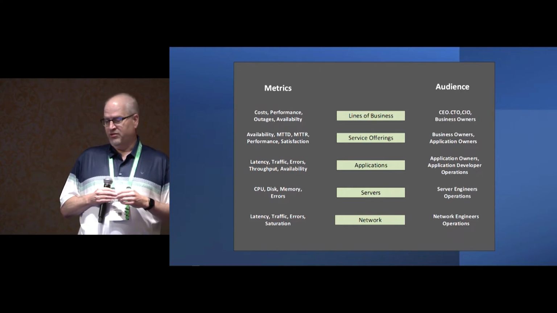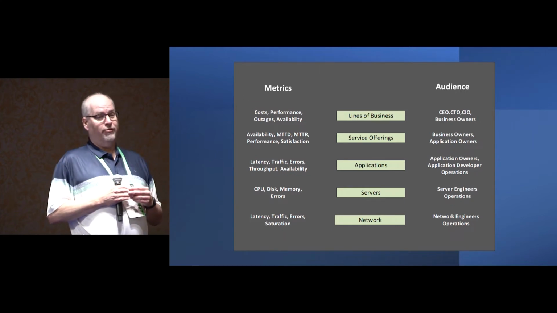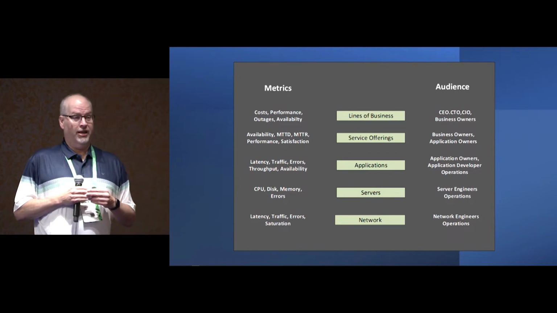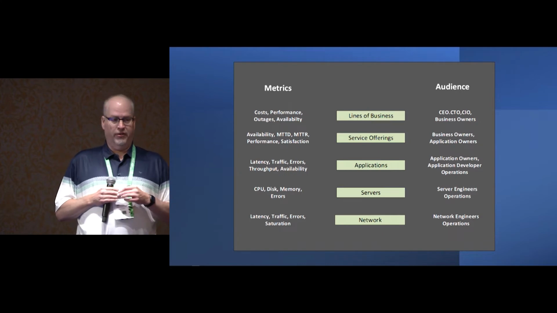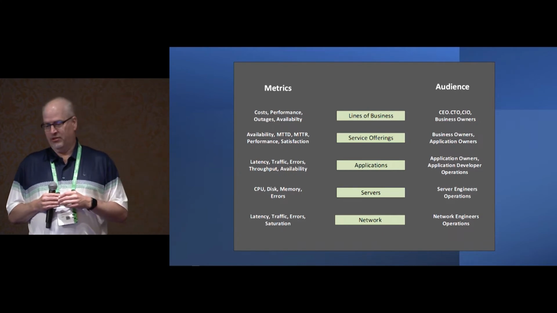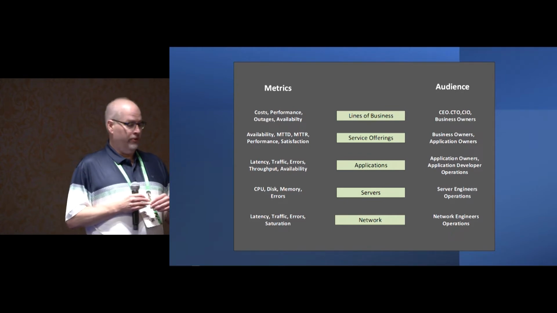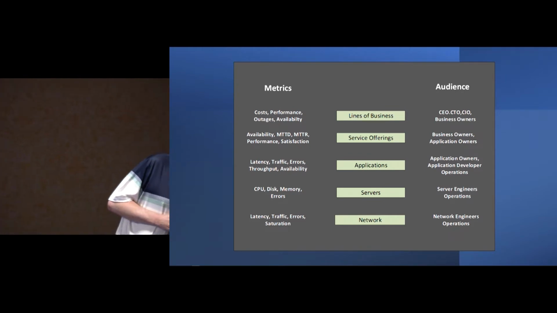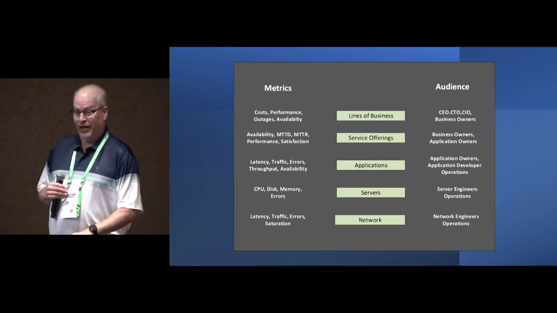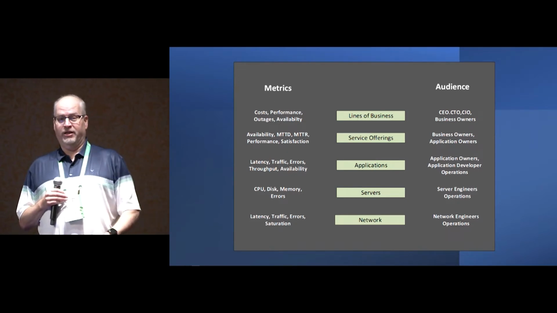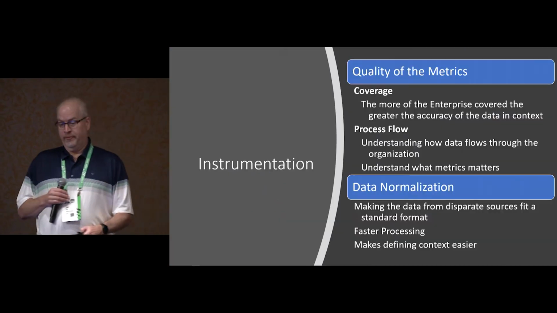But then you look at the business owners and the application owners with the offerings. So they start being aware, and that's where you suddenly get a change of the data and how the data has to look. And then you get into the C-level executives and the business owners to get the costing and stuff along those lines. So that is why a single pane of glass is not possible, because you have to cover all of those audiences for all of those metrics, for all of those spaces in context.